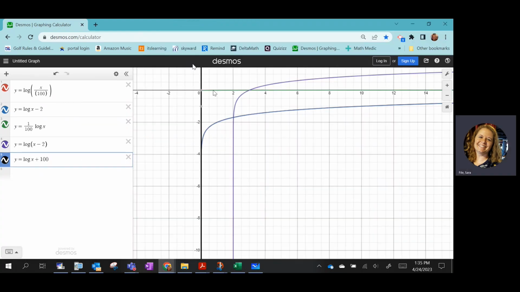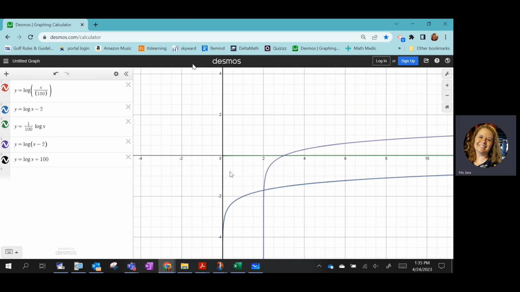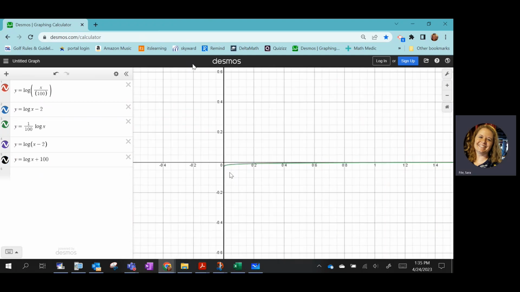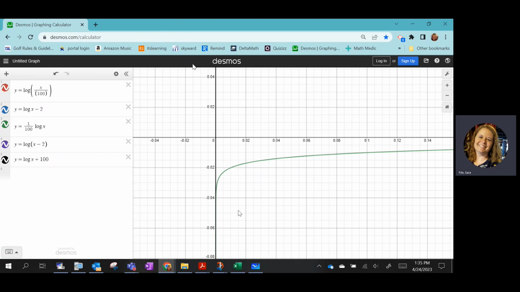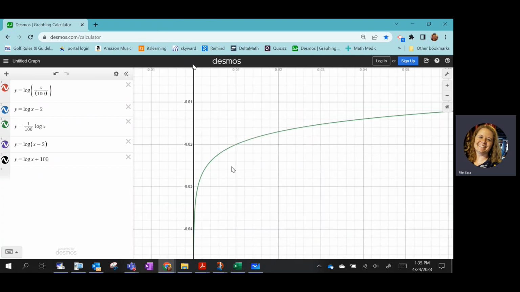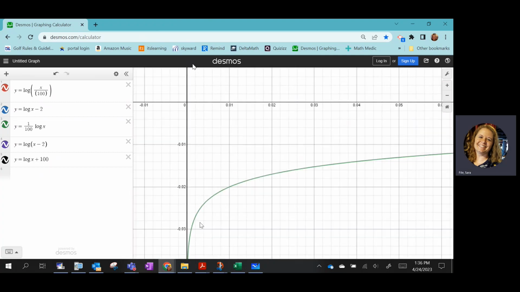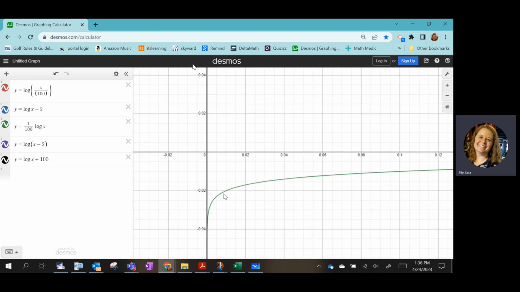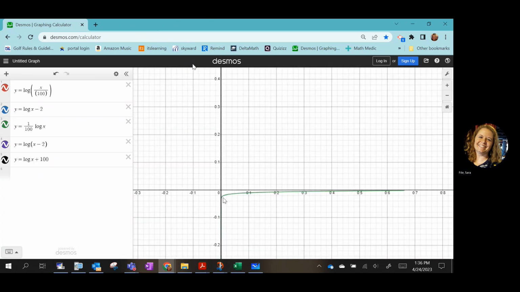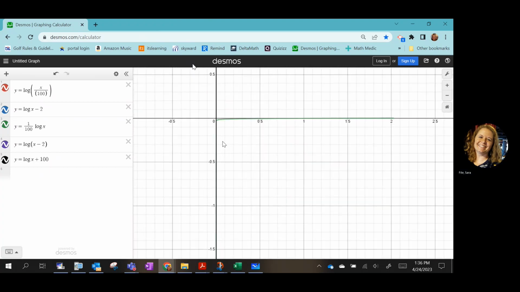Are you talking about this green one? I think it's because we're just so zoomed out. If you zoom way in, then you can see the curve of it. But it's just because it's such small values that when you're zoomed out to see the other graphs, it looks angular.